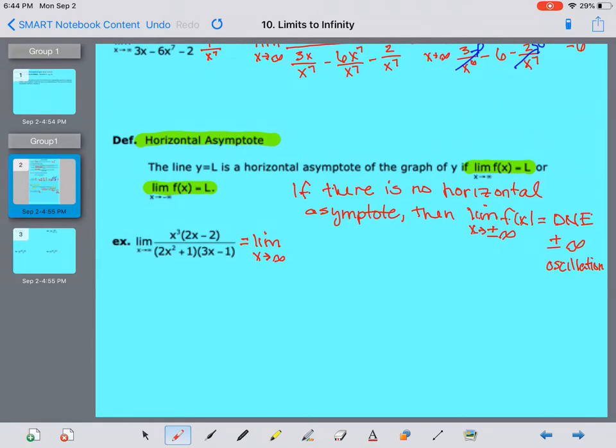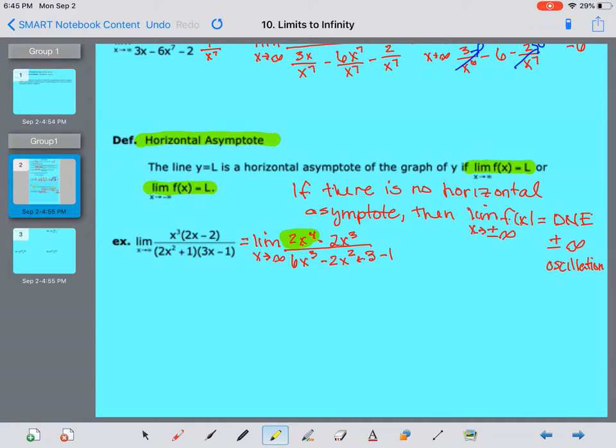In order to determine what rule to follow, I have to make sure that I am in simplified form, so no parentheses. So I'm just going to distribute that real quick. I get 2x to the 4th minus 2x cubed all over 6x cubed minus 2x squared plus 3x minus 1. And what I'm looking for is the term in my numerator and my denominator with the highest exponent.